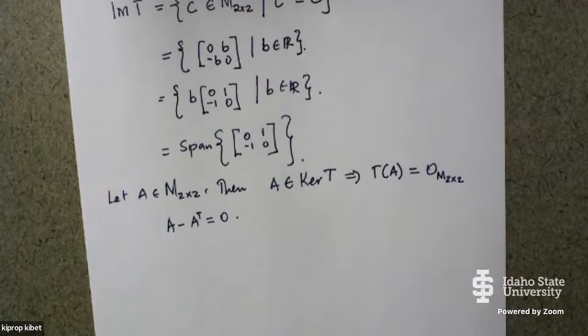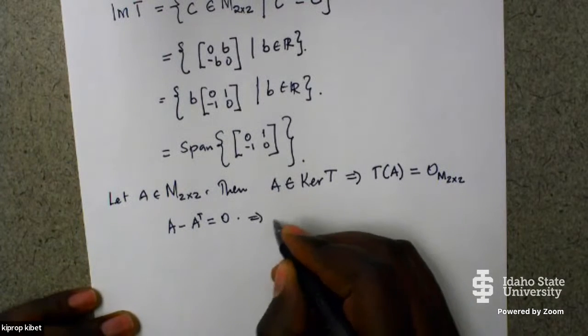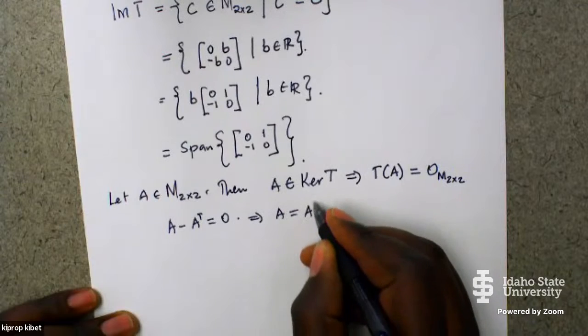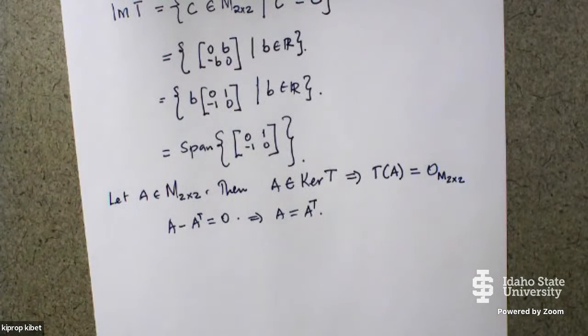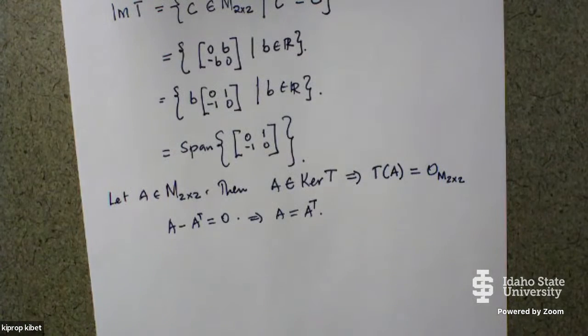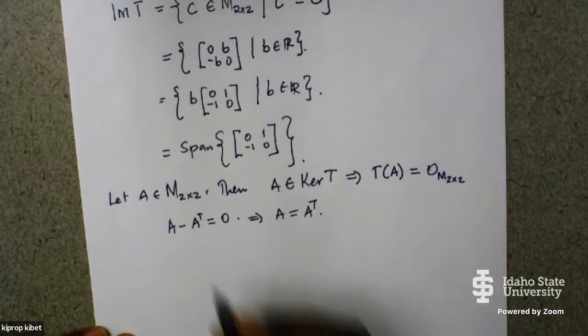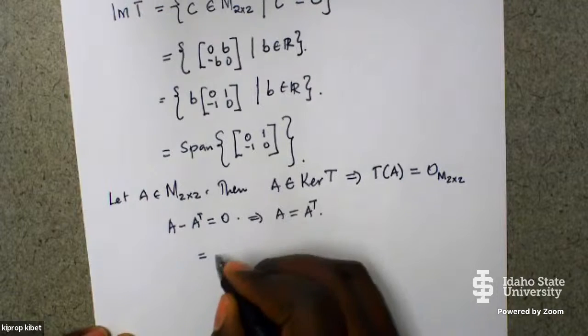So then A is equal to A transpose. What are the elements in the kernel of T?